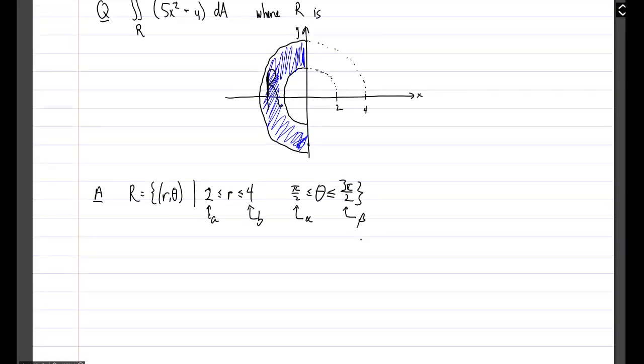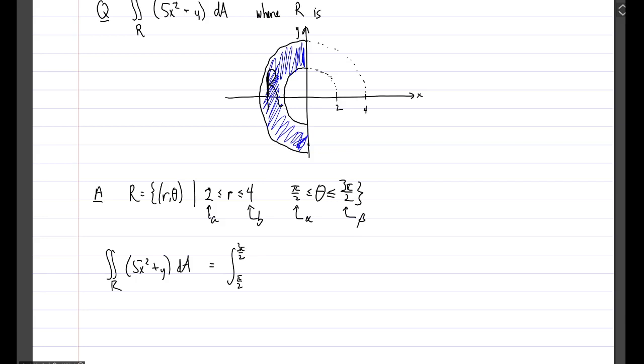So in setting up this double integral over the region R of 5x squared plus y dA, what is this going to become? As a spoiler alert, we're going to have the d theta integral on the outside, so the theta values, pi over 2 and 3 pi over 2, end up here.